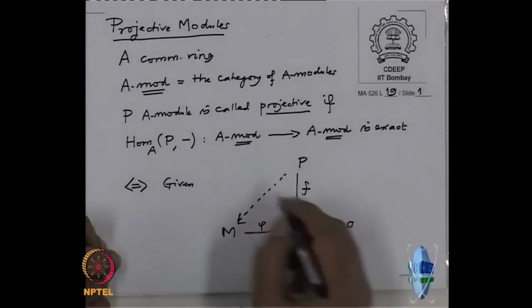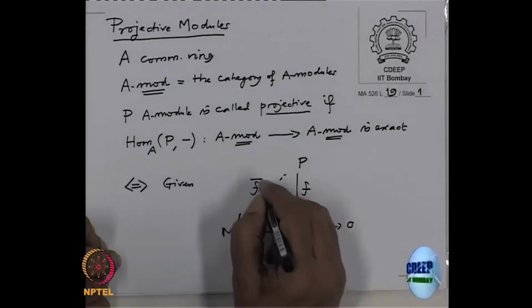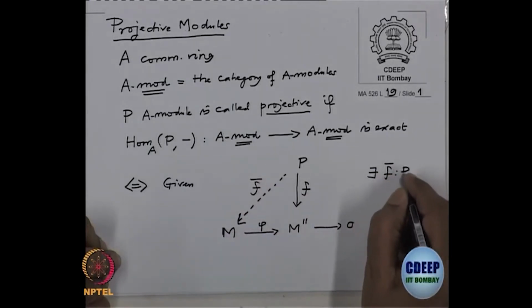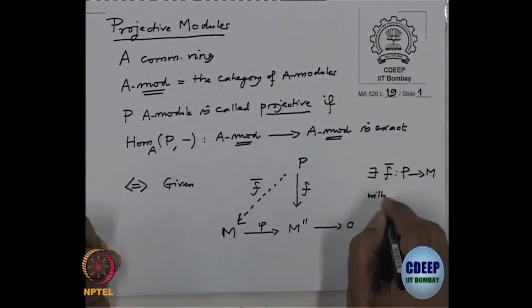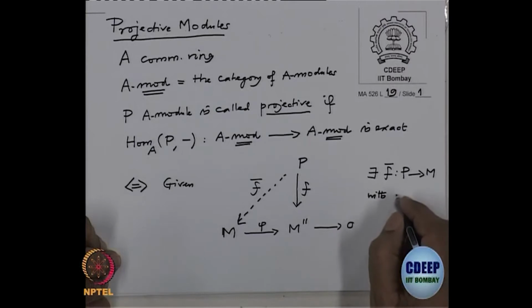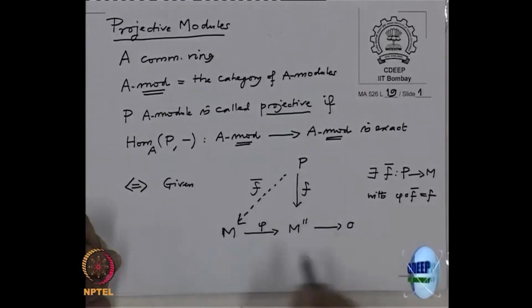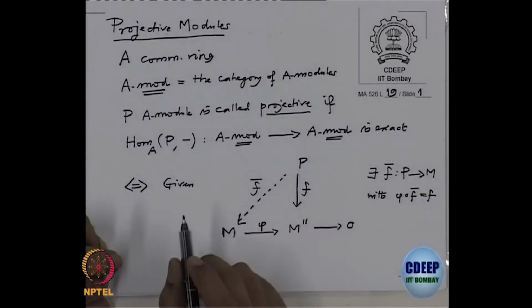So given this, there exists f bar from P to M such that phi composed with f bar is f. Then you call that module projective.